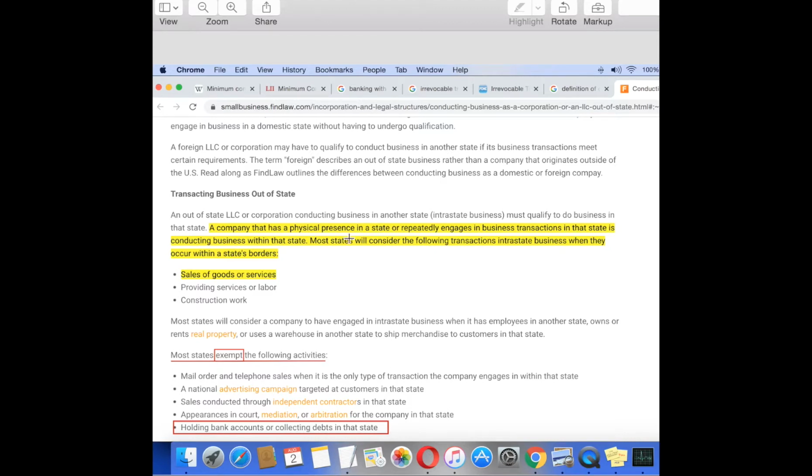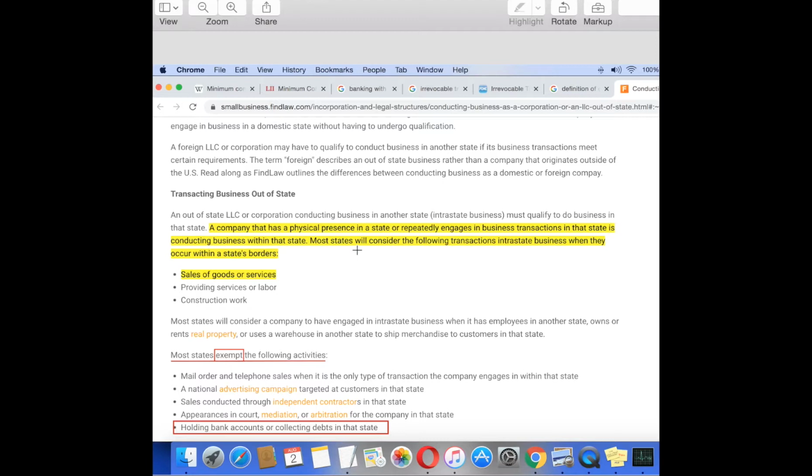But if you really want to know how to determine the doing business rule in your state, you go directly to the authority who does the taxing. For example, in California, it's the California Department of Tax and Fee Administration. In Texas, it would be the Texas Comptroller of Accounts. It differs from state to state.